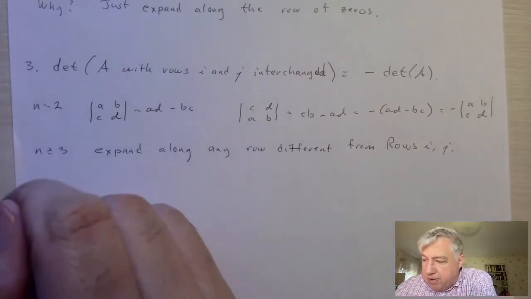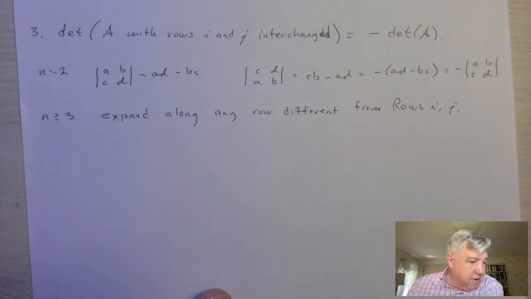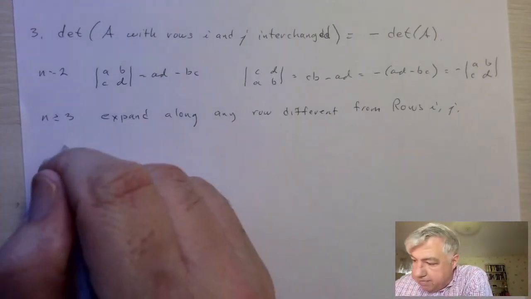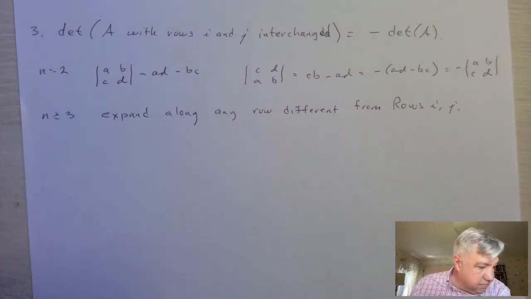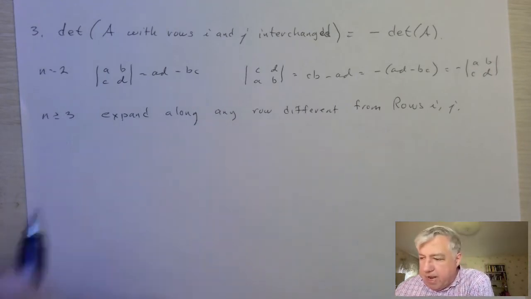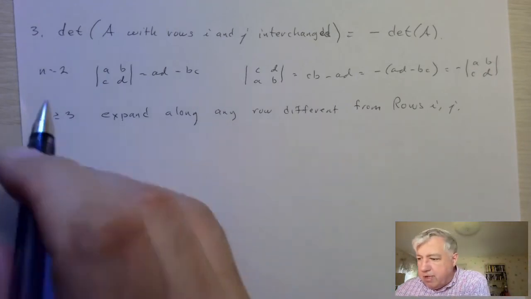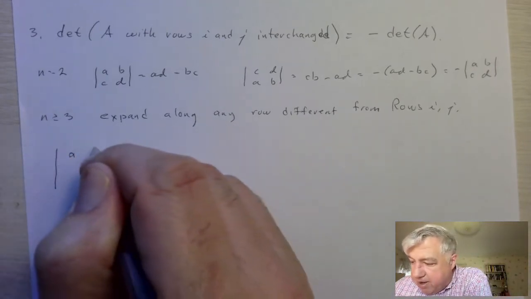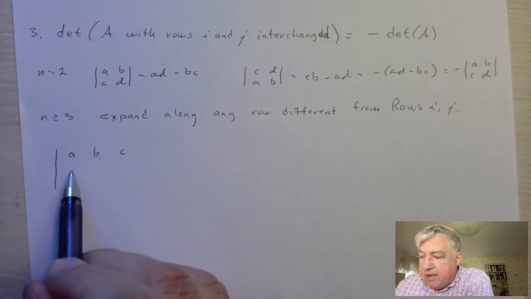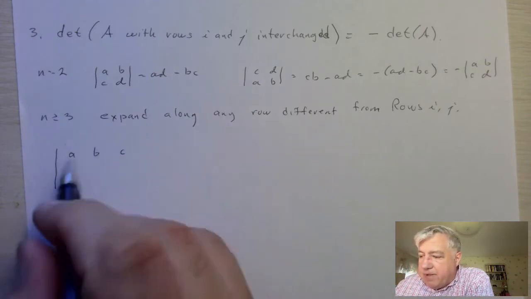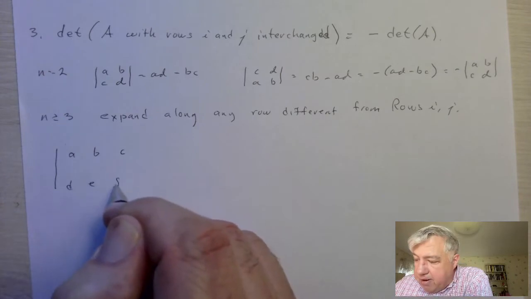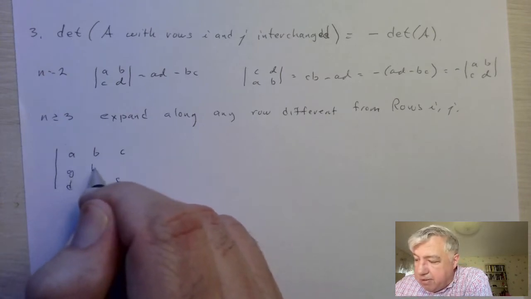Now, to give you an example, let's look at the case of a 3 by 3 matrix. Let's look at what happens if we interchange the two bottom rows of a 3 by 3 matrix. So let's say normally we have ABC and then DEF, but I'm going to put the DEF down here, and then the GHI we'll put up here.